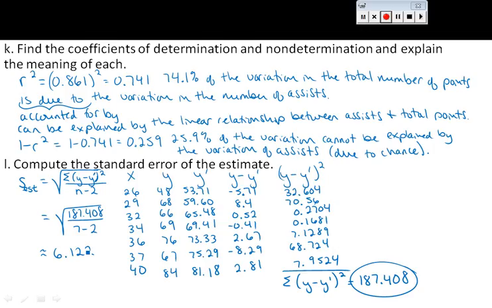Let me show you now. The calculator will do that standard error of estimate for you. I showed you some little shortcuts if you're feeling more comfortable at the table. Let me show you the calculator.